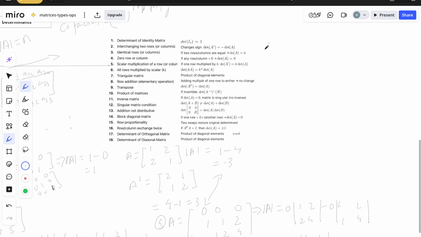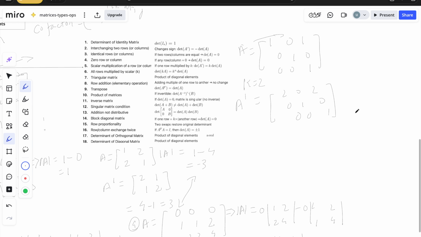So if you have matrix A is equal to 1 0 1, 0 1 0, 0 0 1, and if we consider, let's say for example, k is equal to 2, then A prime, I am trying to multiply it by the first row here, becomes 2 0 2, 0 1 0 and 0 0 1.